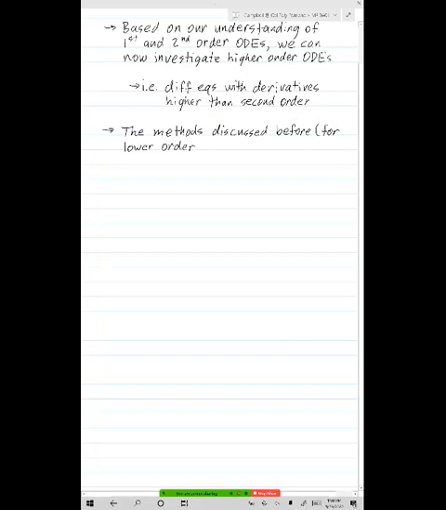lower order equations, of course, generally apply equally well to these higher order systems.